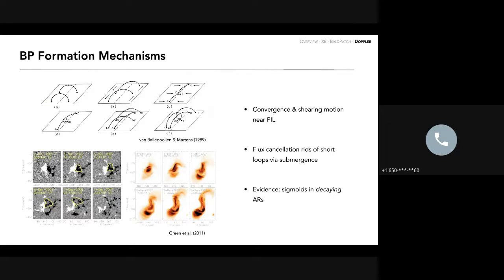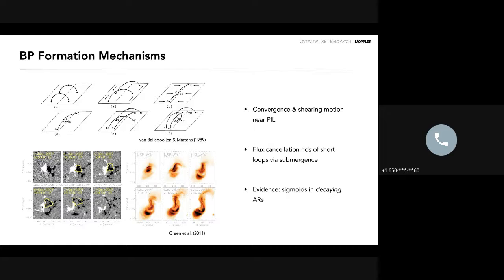All right, so I just presented the disappearance of the bald patch, but what about formation? We think the formation of the flux rope or bald patch could come from flux cancellation, like shown here by Van Ballegooijen and Martens' cartoon. So you keep shearing the flux, the sheared arcade, and you have applied convergence.